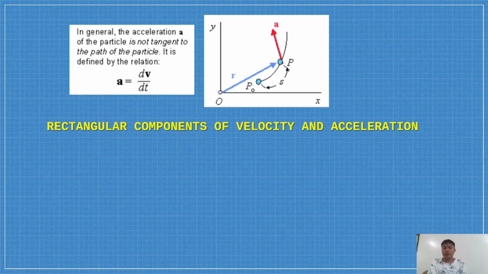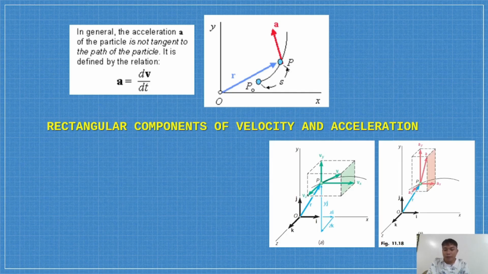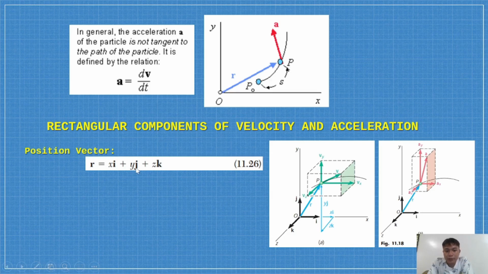Next, the rectangular components of velocity and acceleration, and also the position. Here, it is expressed in rectangular components, figure 11.18, a and b. For the position vector, we have xi, yj, and also zk.